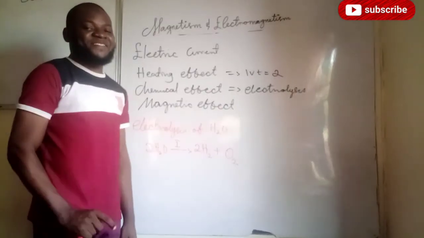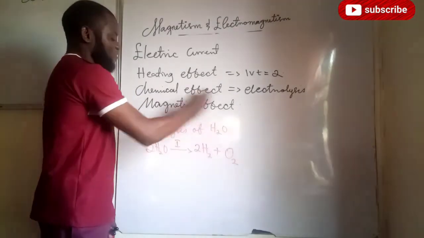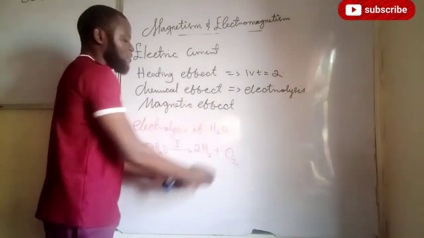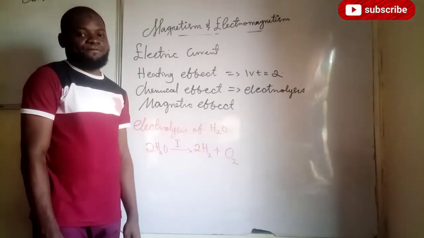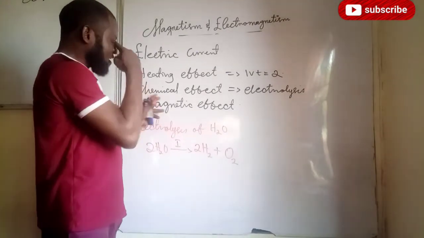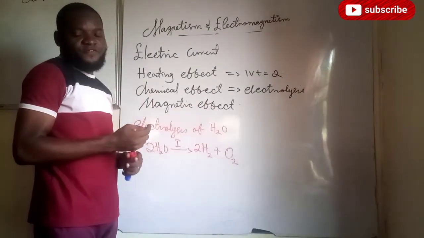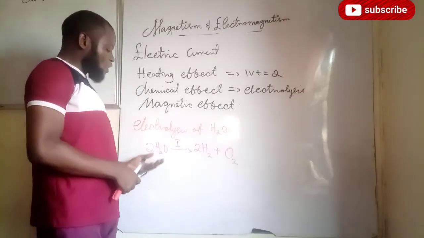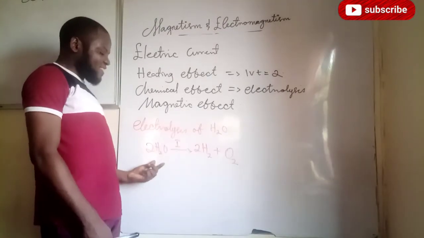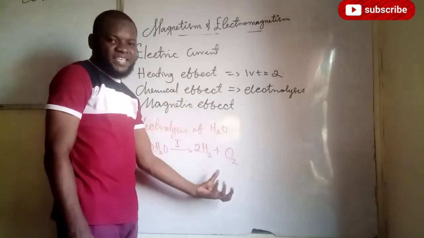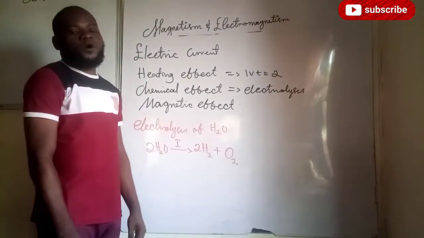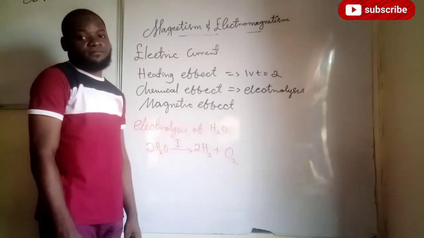We are not looking into electrolysis now. We will continue our explanation about this decomposition. Are we together now? So this is what we call the chemical effect of current, because it is the current passing through this material that results in the splitting up of the elements in that compound.